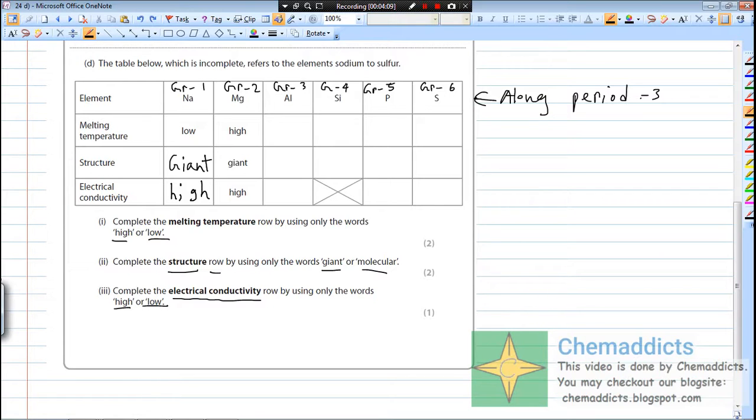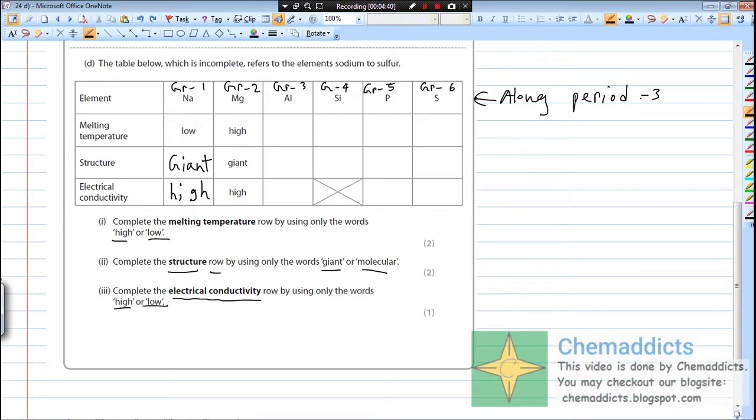That's why it has a low melting point relative to other metals, but it will have a relatively high melting temperature with respect to non-metals.